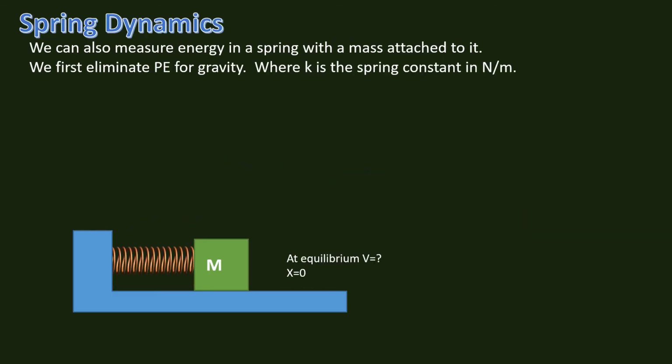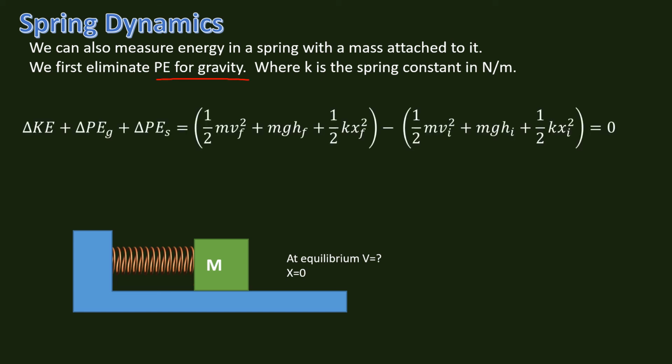So let's look at some spring dynamics. We can also measure energy in a spring with a mass attached to it. Let's first eliminate PE for gravity, because as we show you the equations, we have to get rid of the gravity, where k is the spring constant in newtons per meter. Okay, so this is basically all these terms right here. If they are set to 0, then we have a conservative system, okay?